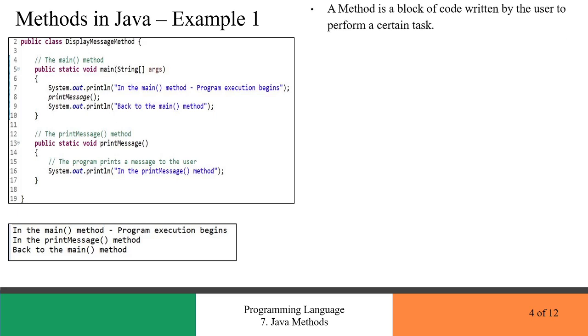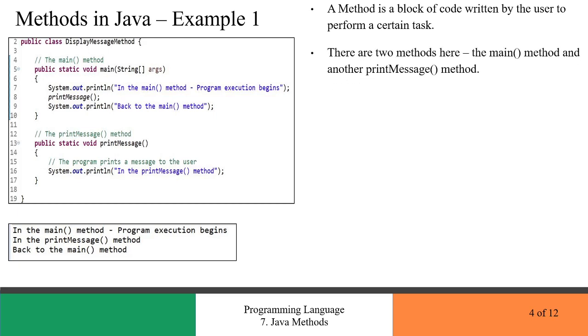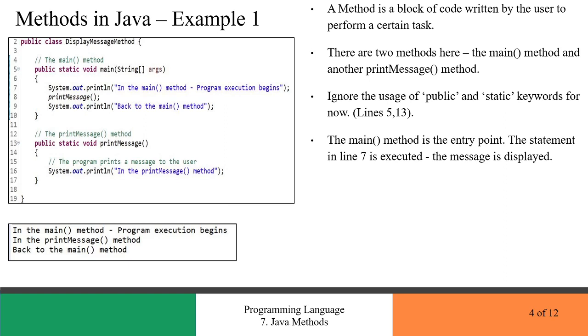A method is a block of code which is written to perform a certain task. There are two methods here, namely the main method and another printMessage method. For now, let us ignore the use of words like public and static. The main method is the entry point, thus the code execution begins from line number 7 and the message is printed onto the output.